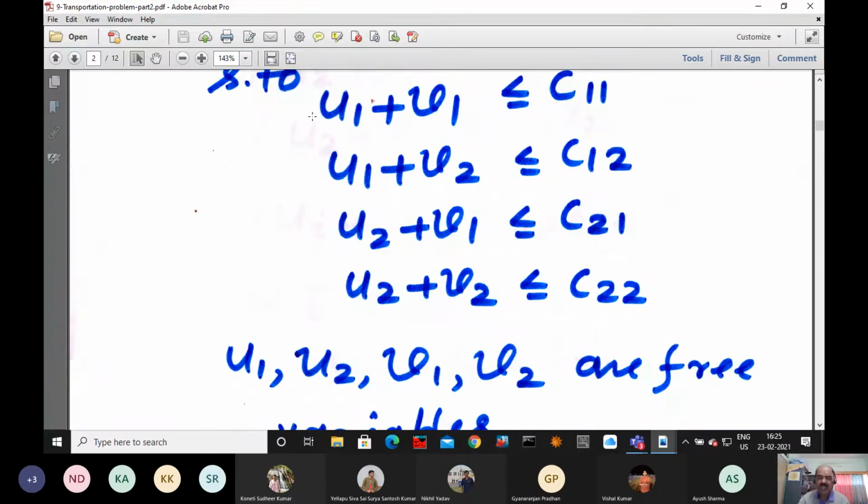With respect to the first constraint, the primal variable is x11. With respect to the second constraint, the primal variable is x12. With respect to the third constraint, the primal variable is x21. With respect to the fourth constraint, the primal variable is x22.